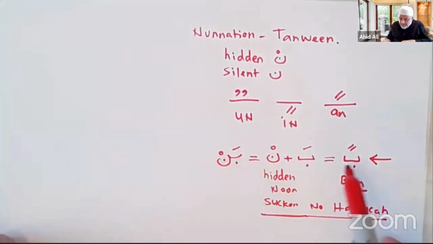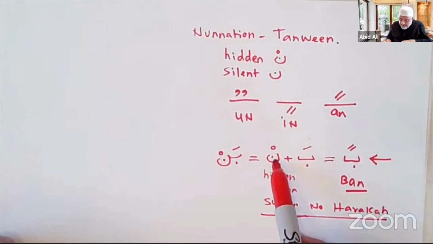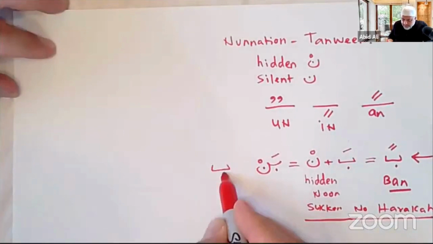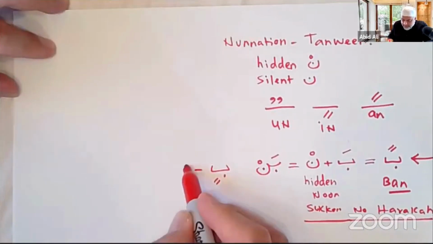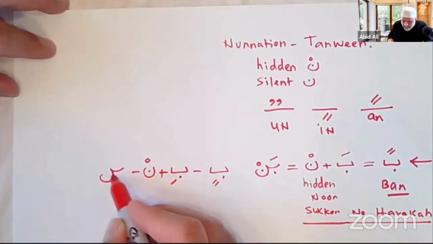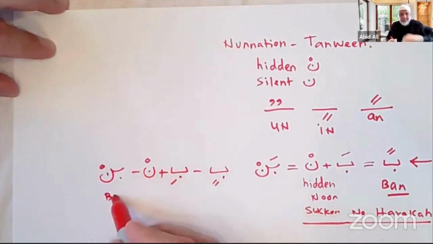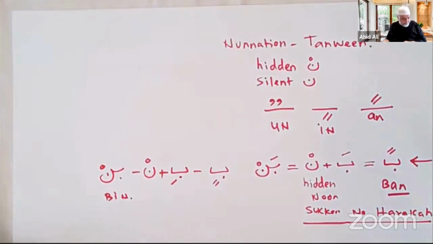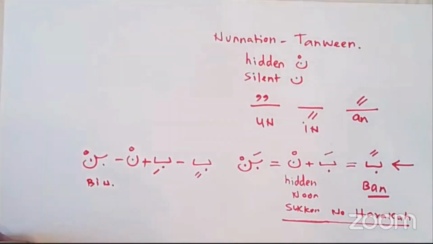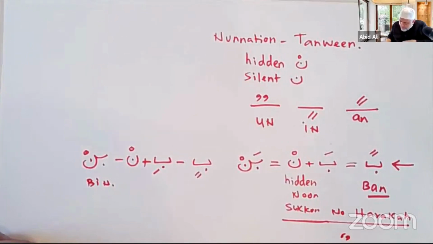So if ban is ba plus noon, then the letter ba with the kasra will be ba plus noon, which is bin. Making sense? Okay. Similarly, the letter ba with the dhammatan will be the letter ba with the dhamma plus noon sakina.